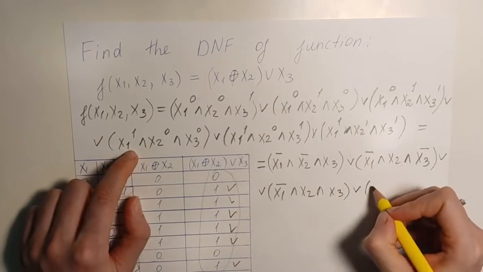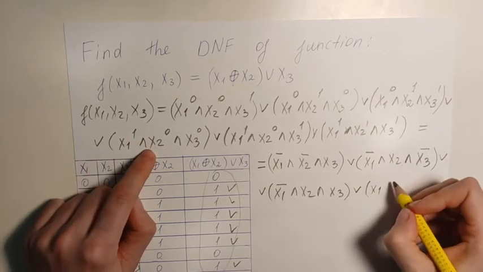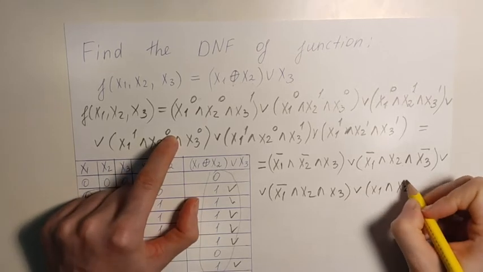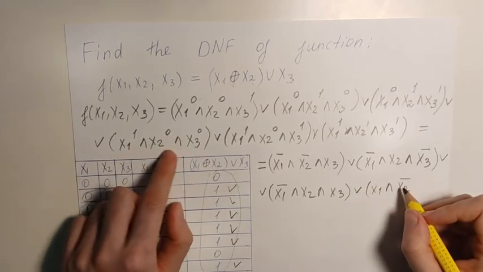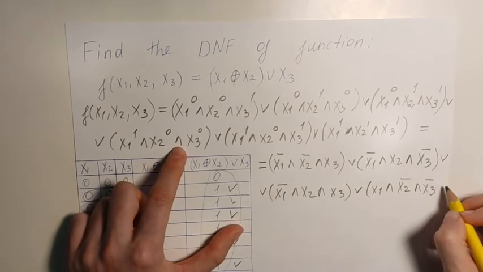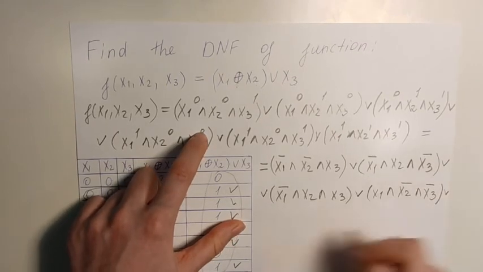Here x1 is 1, it will remain the same, x2 is 0, we will replace it by x2 negation, and also we will replace x3 by x3 negation because its truth value is equal to 0.